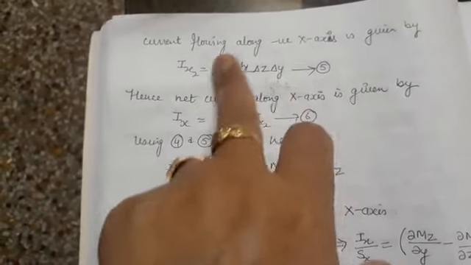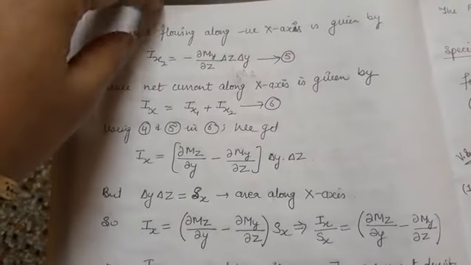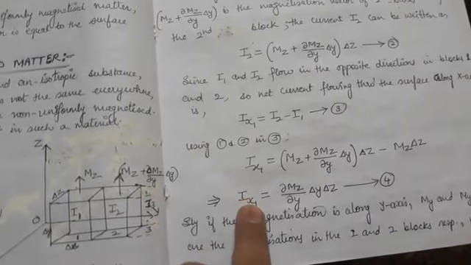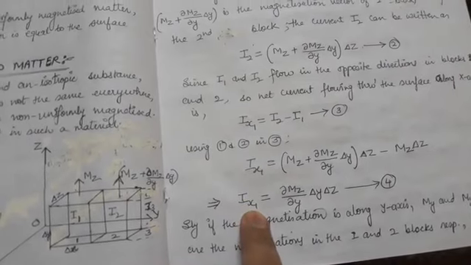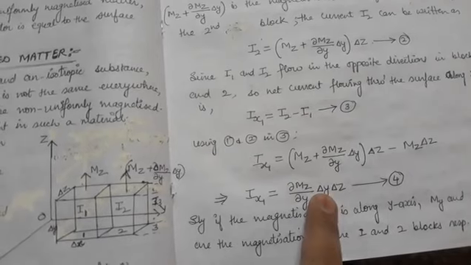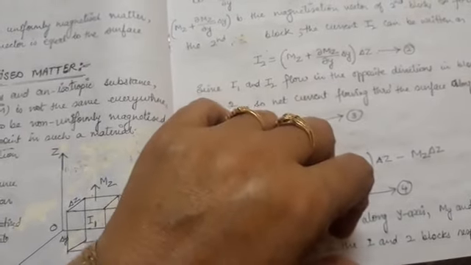Similarly, this equation I can obtain by just replacing in the fourth equation: replace suffix 1 by suffix 2, y by z, z by y, and change the sign to negative. So I will get the next equation, which is the fifth equation.